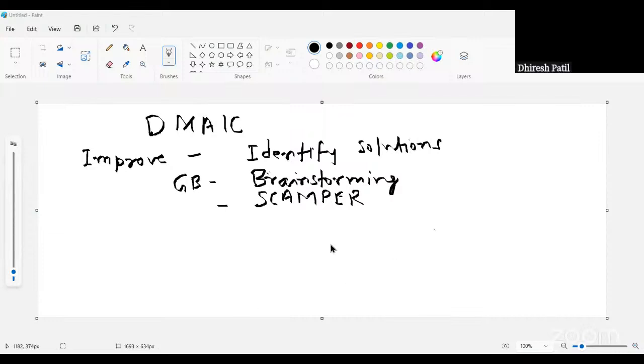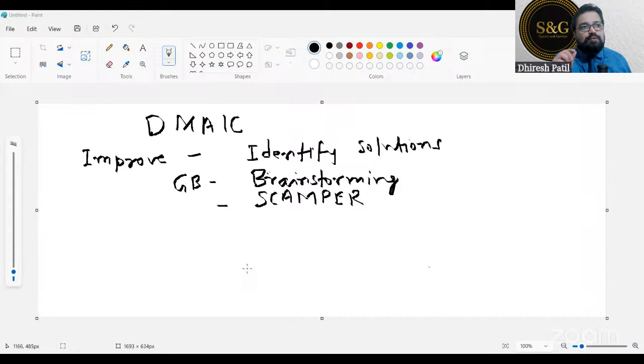SWOT analysis. Okay, SWOT we generally use in this entire framework to identify strategic projects: strengths, weaknesses, opportunities, and threats. It's a very powerful strategic tool. But in the black belt level, make a note of this, it is very interesting. We have covered this in the black belt level.